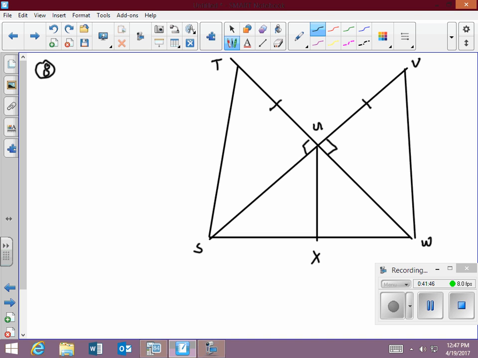So what's given to you is that this is perpendicular and it's a bisector of SW. And then it's saying that this is 4 units long. Maybe I should put it that way. This is 4. And TU is 3. So we can say this is 3, right?